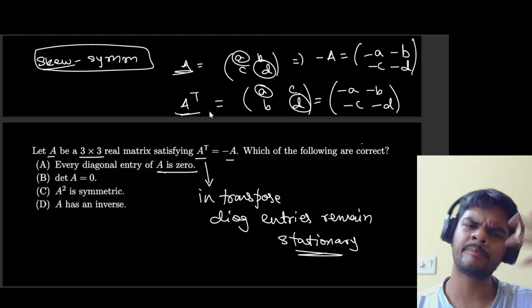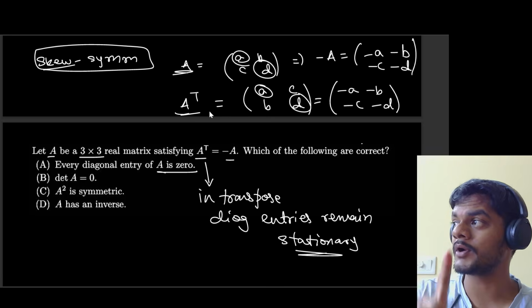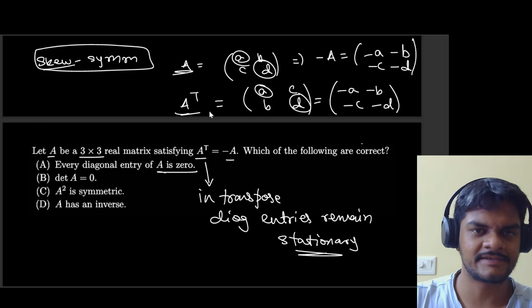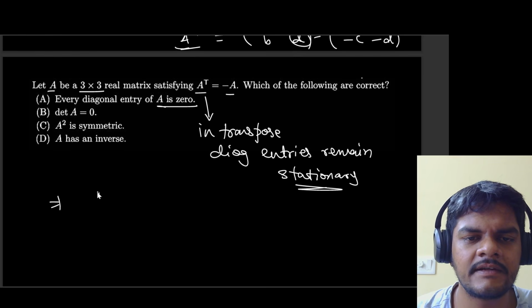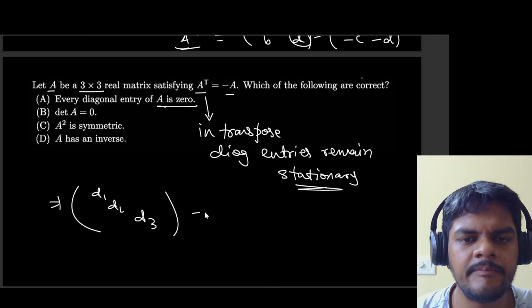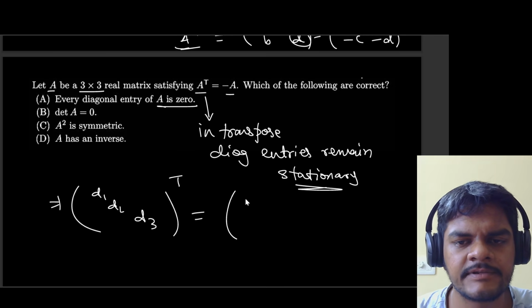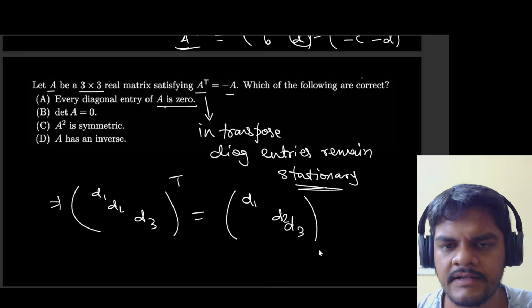The same thing will happen in any n cross n matrix. I'm only talking about square matrices, obviously. So the diagonal entries d1, d2, d3 will be d1, d2, d3 in the transpose as well. All right, the diagonal entries will be the same.